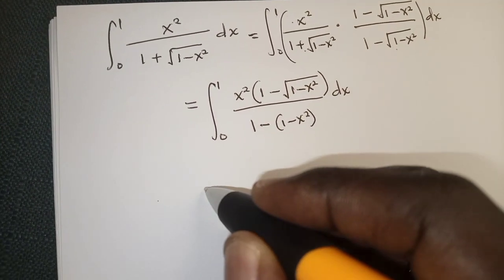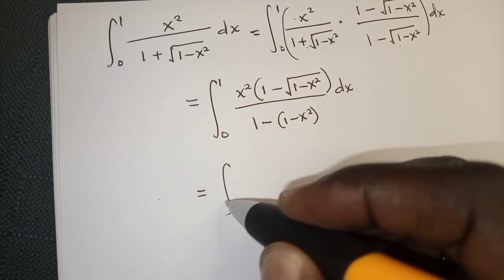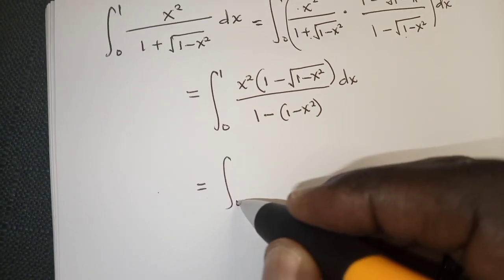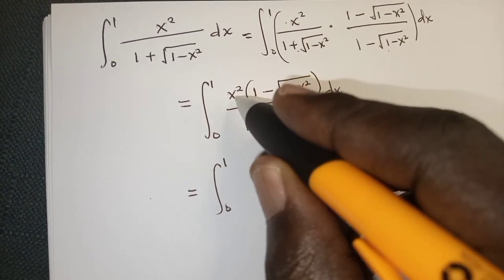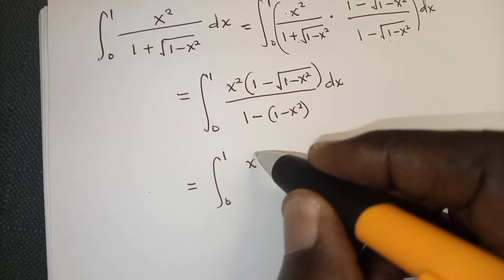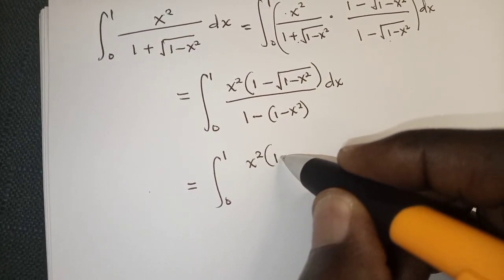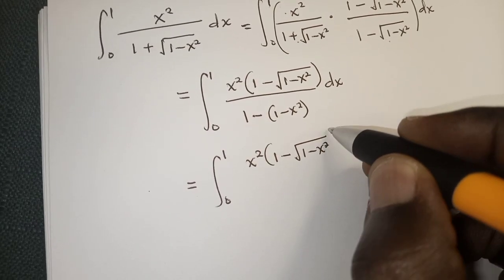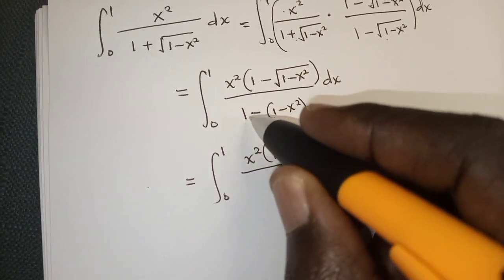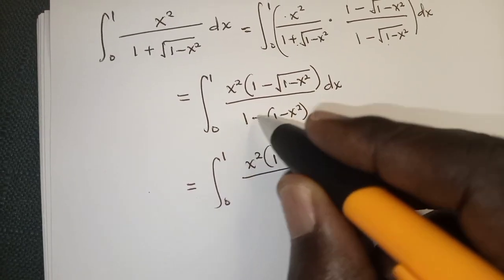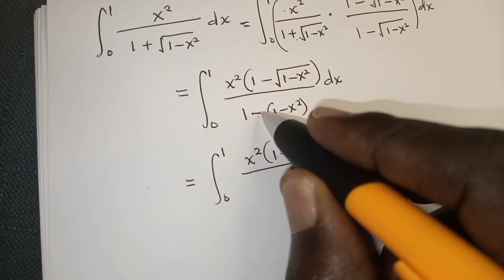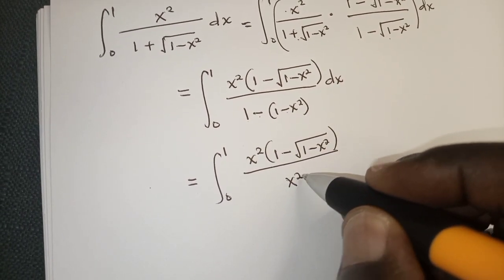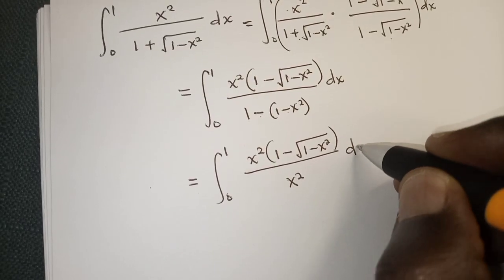So this should be equal to the integral from 0 to 1 of x squared times 1 minus the square root of 1 minus x squared, bracket close, over 1 minus 1. You open the bracket, you get 0, and this will be x squared, then dx.